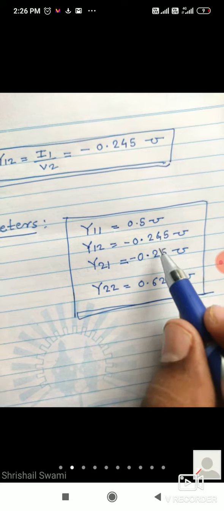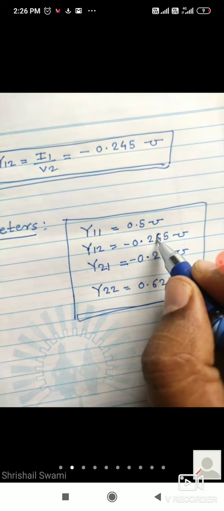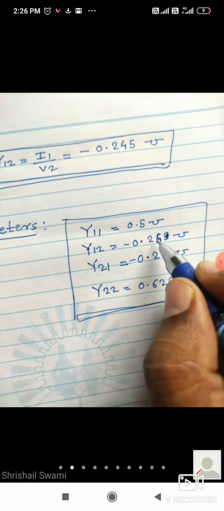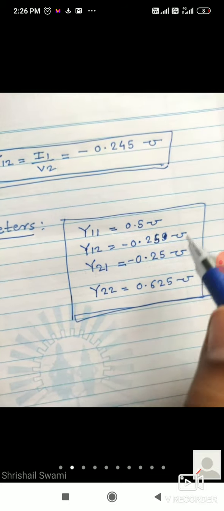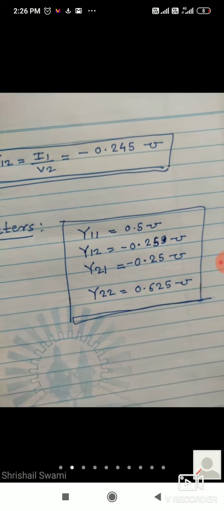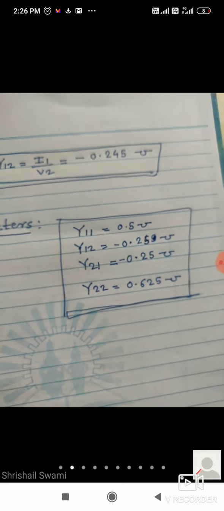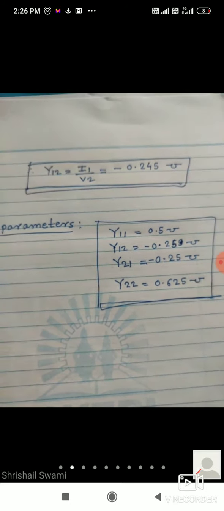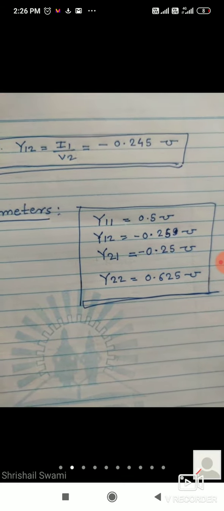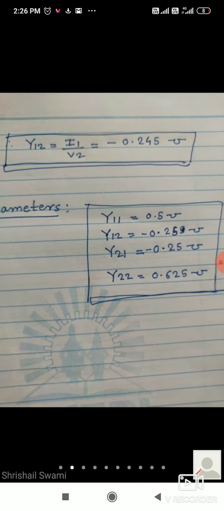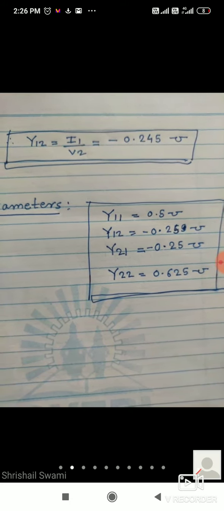Actually these both are the same. There is some small difference here because of the 5 and 6, this will become 5. Both will come the same. So these are the answers. So finally you have to write. Up to 3 parameters it is easy, you can easily find out 3 parameters. The last parameter, y12, is somewhat difficult, but at least out of 4 marks it is easy to find 3 parameters and you can get 3 marks.